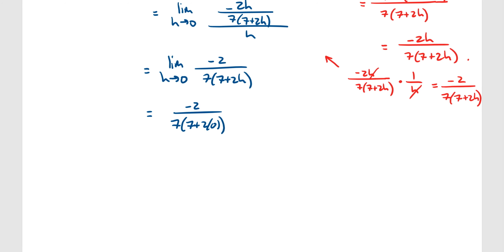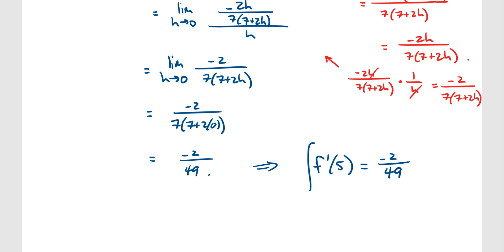That's going to give us 7 times 7 in the denominator, so we get negative 2 over 49. That means f prime of 5, the derivative when x equals 5, is negative 2 over 49. Definitely a lot messier for that one.